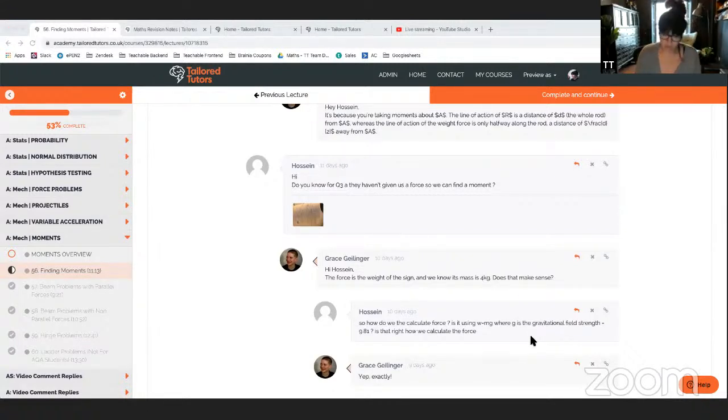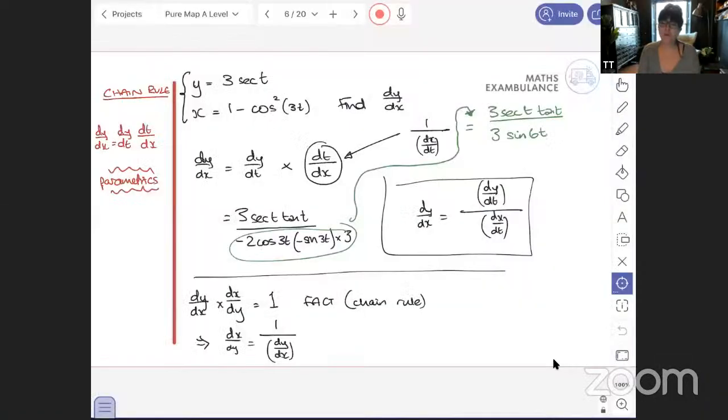Right. We've got 5 minutes left of our action hour and we're nearly done. So parametrics. Oh, one more thing. I don't know if anybody noticed, but look at this guy. Might be nicer rather than having sec and sine over cos. So that's 1 over cos and sine over cos.